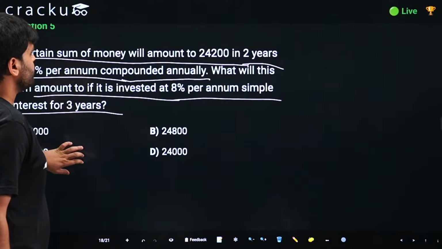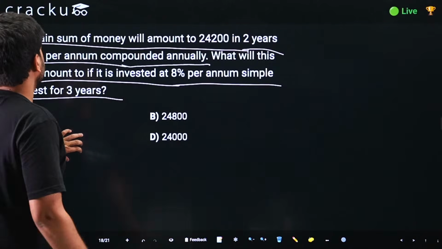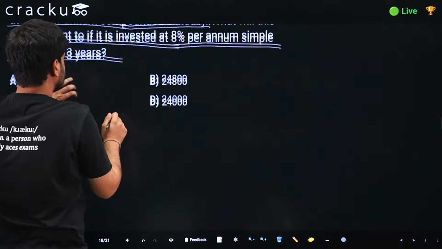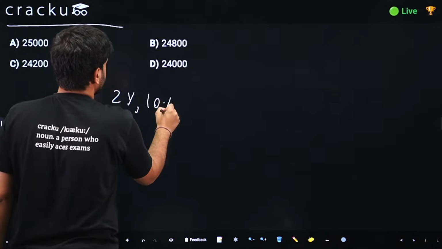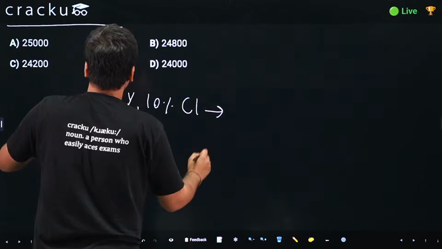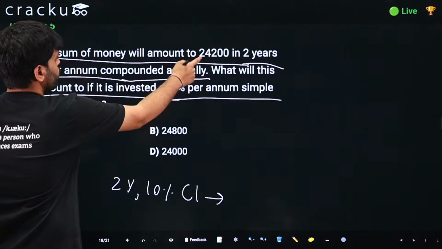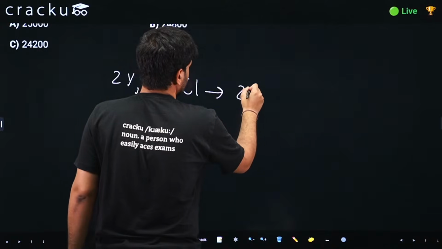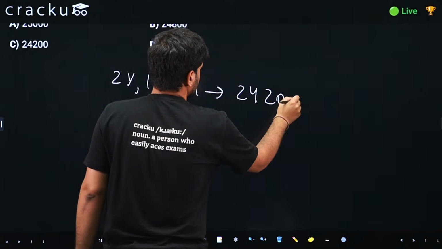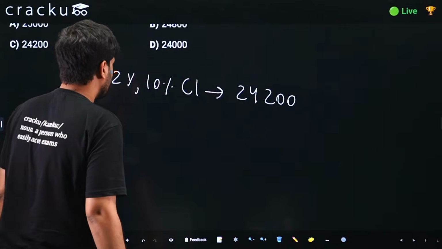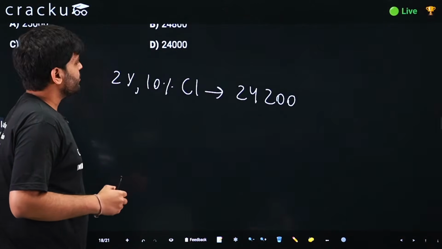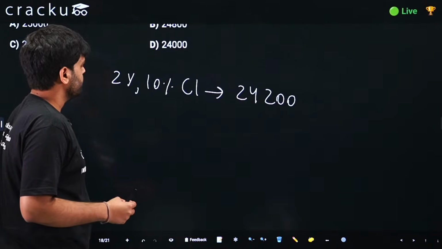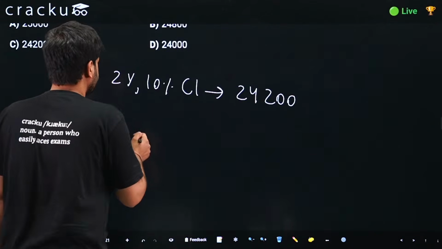Now we are given that for 2 years at 10% compound interest, the amount is 24,200. So can we basically find the principal here? We can find the principal here.